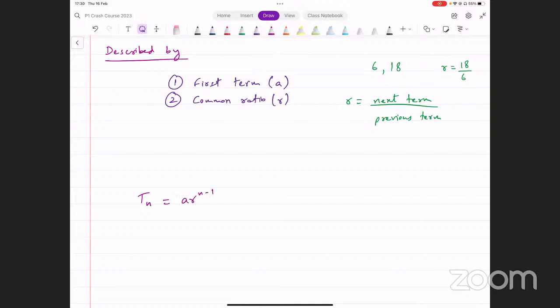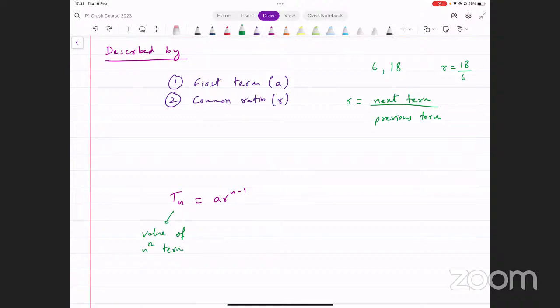This is the formula that we use for nth term of a geometric progression. Remember what this stands for? This means the value that you have at the nth position, the value of the nth term. What is that equal to? That's equal to A into R raised to power n minus 1.